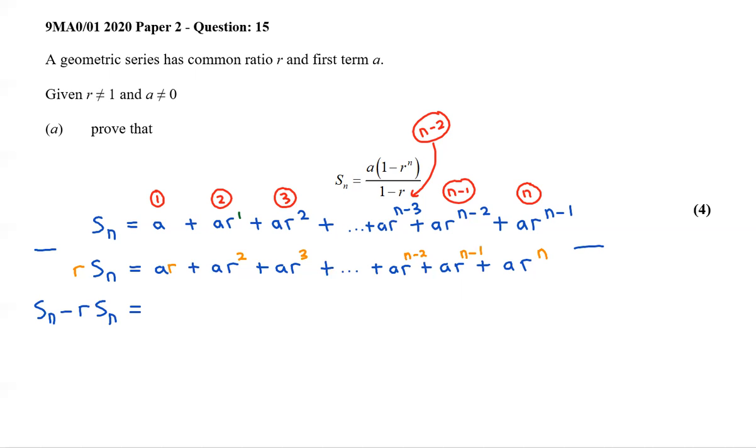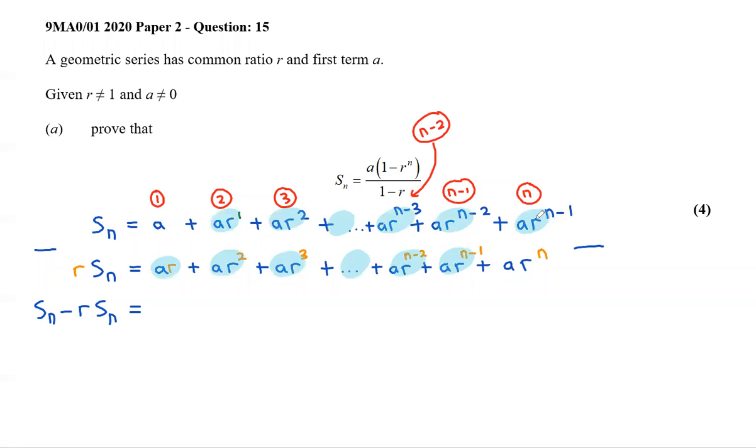So if you look at what will happen when we subtract, there's nothing to subtract from a. Well, there's the whole series. But if you notice the pairings, the ar and the ar will cancel because it's row 1 subtract row 2. ar squared and ar squared will cancel. ar cubed would obviously cancel with the ar cubed that's not written there. ar to the n minus 3 would cancel with the ar to the n minus 3 that's not written in, and so on and so on.